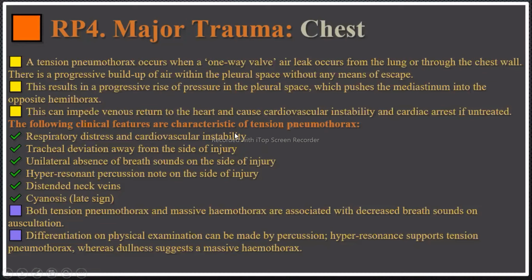The most important thing is how to recognize tension pneumothorax. You will find respiratory distress and instability, tracheal deviation to the other side, unilateral absence of breath sounds on the side, hyperresonant percussion, distended neck veins, and cyanosis. Okay.